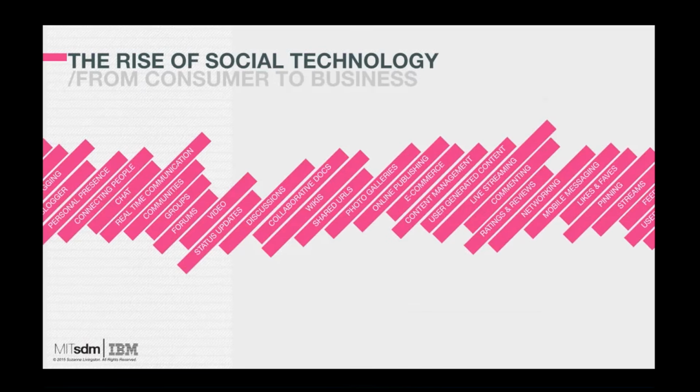And so as social technologies grow on the consumer side, we're also seeing their adoption grow on the business side. Hence, my introduction earlier, I create these tools as a vendor to help companies gain the benefits of using social technologies in their workplace.